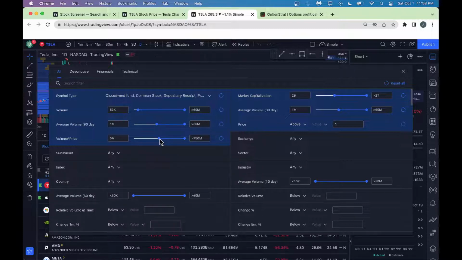All right, we got 5 million here. Well, we can probably even go higher here, say 10 million. So that's good enough here. We don't want to be too restrictive. That should be good enough.